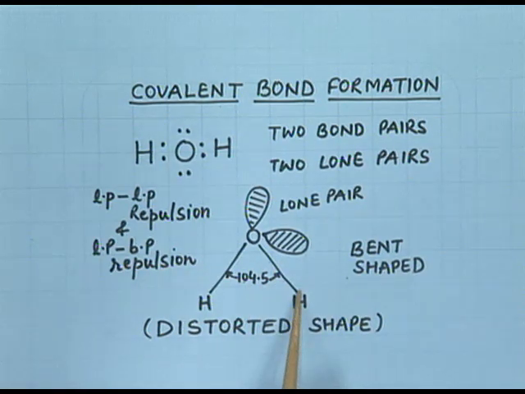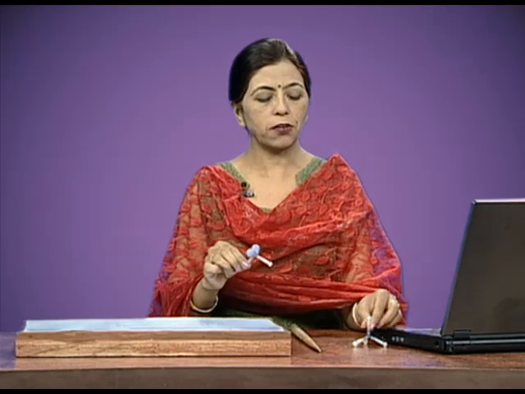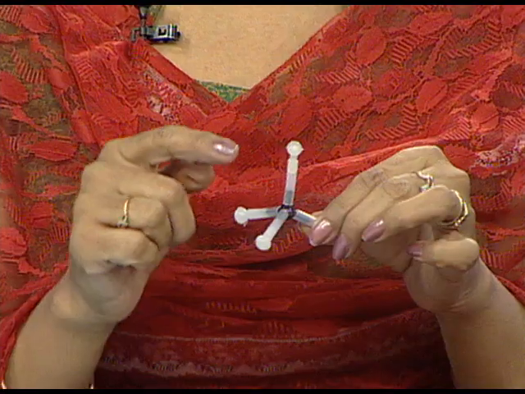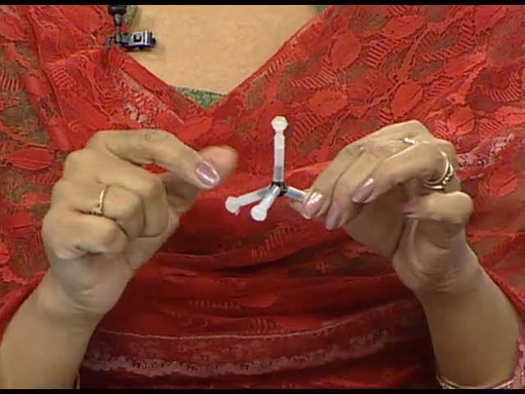104.5 degrees. Now I am comparing this water molecule with a regular tetrahedron. Actually, when there are 4 electron pairs around the central atom and all the electron pairs are bonded, it takes the shape of a regular tetrahedron and the bond angle is 109.5 degrees.